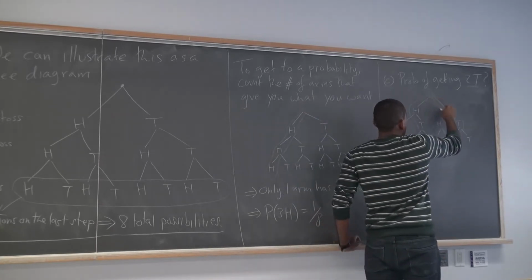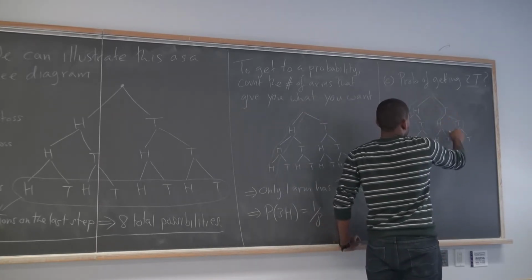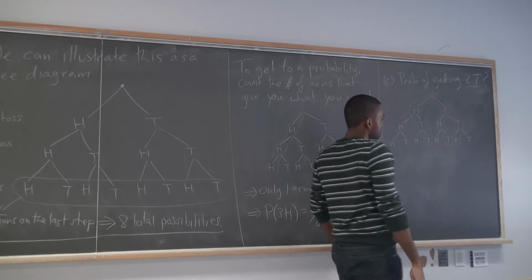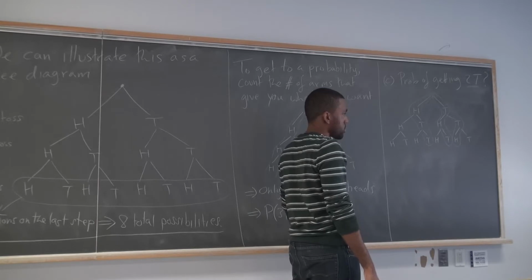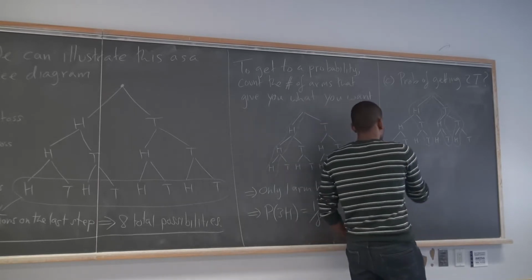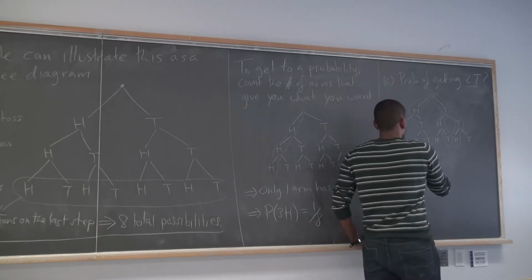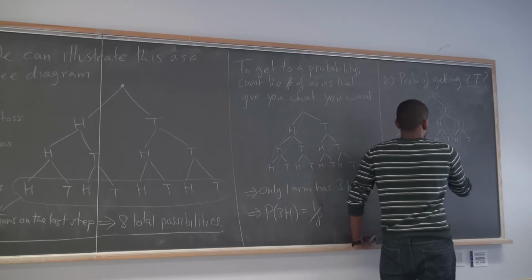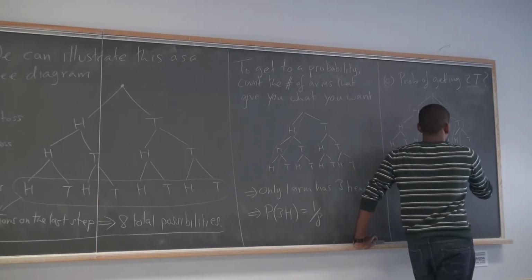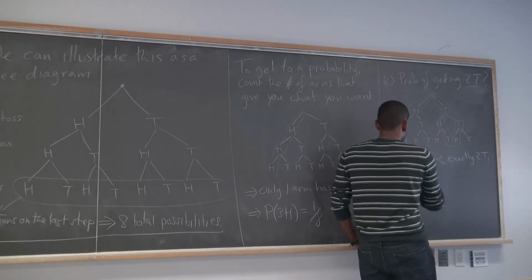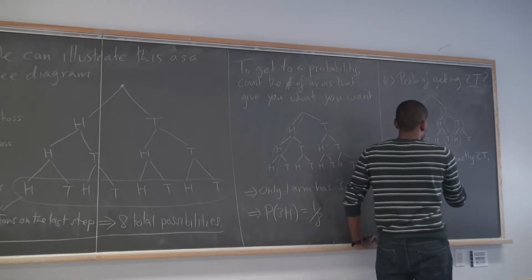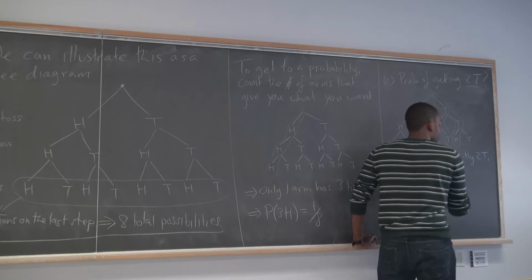Going here, here, here gives you 2 tails. Is there any other arm that will give you 2 tails? So 3 arms have exactly 2 tails. This means the probability of 2 tails is equal to 3 out of 8.